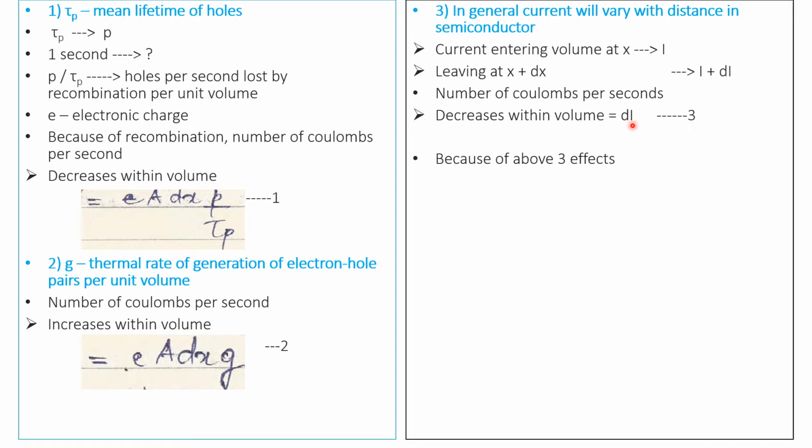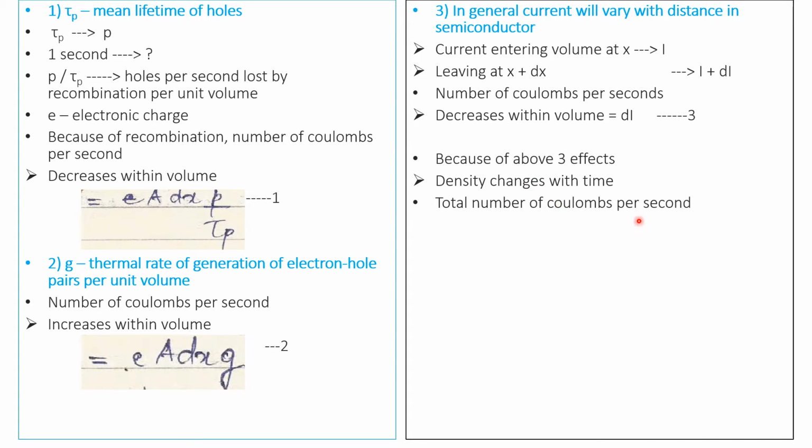Equation 3. So these are three effects happening. One is recombination, second is generation of electron hole pairs, and third is the current flowing through the semiconductor. So because of the above three effects, density changes with time.